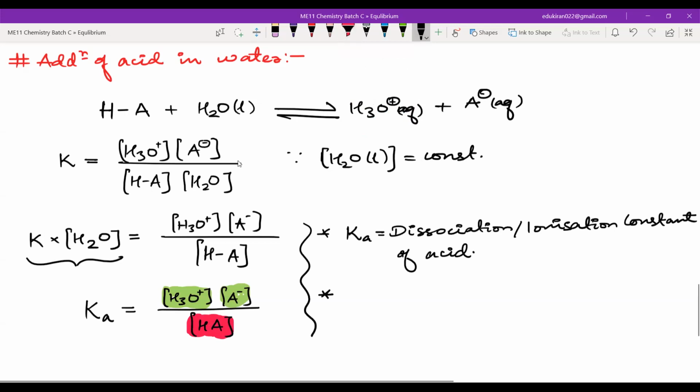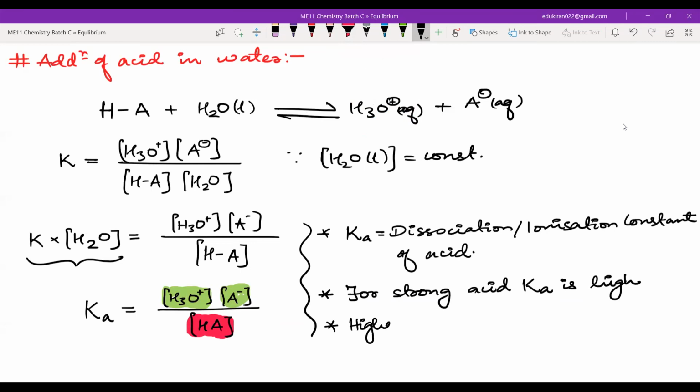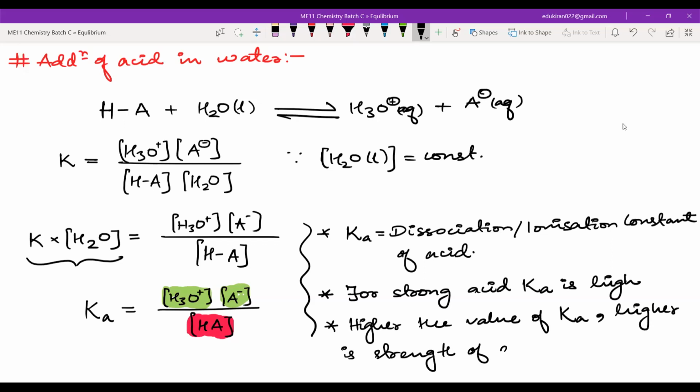So for a strong acid, Ka is high. Higher the value of Ka, higher is the strength of acid.